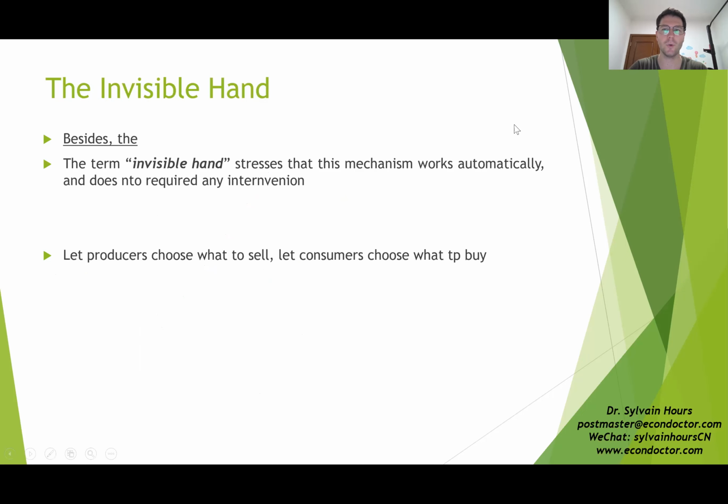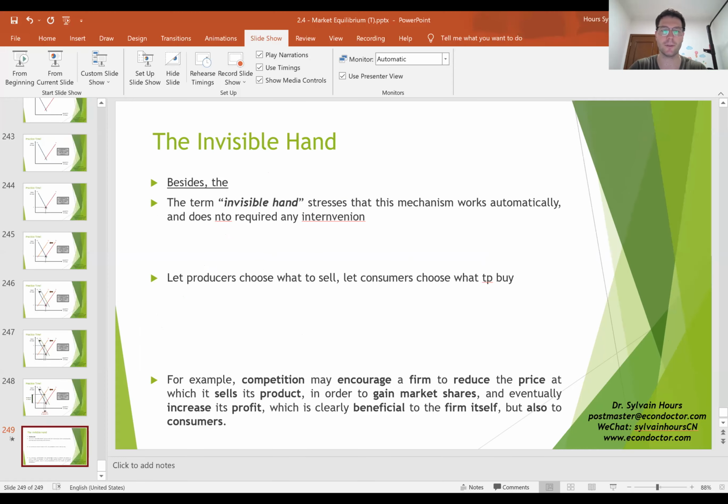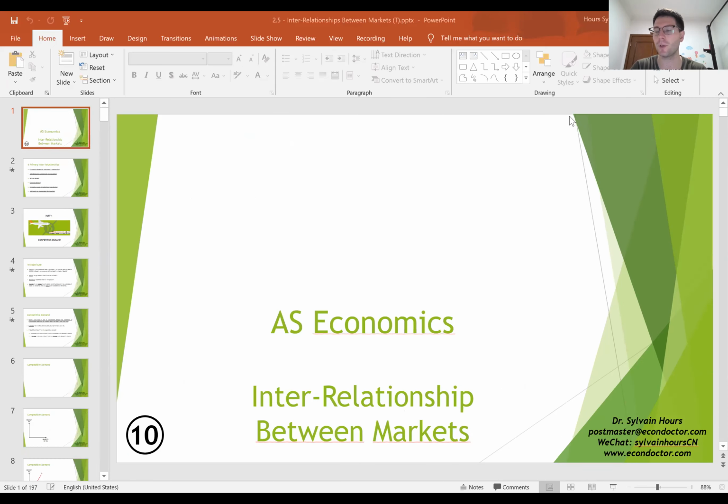So if there are no more questions about this topic, we can move on and have a look at the next one, interrelationships between markets. And this one is very easy, and actually it's mostly a summary of what we have already studied when looking at supply and demand, because we will look at substitutes and complements in production or consumption.